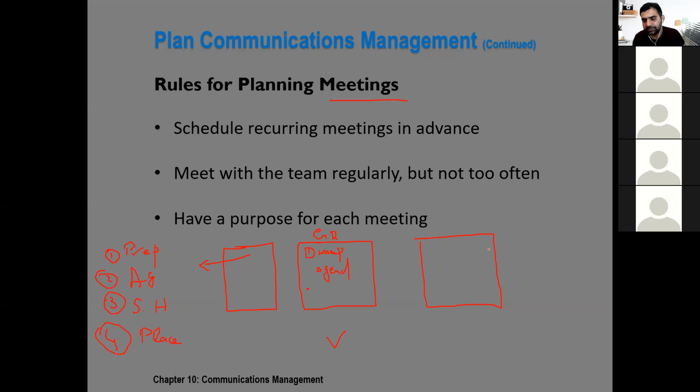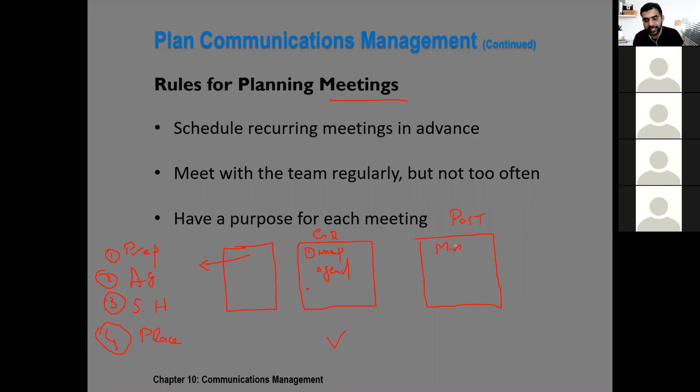And then there come post-meetings. What could be the best practices? Review the outcomes of the meeting. Yeah. Minutes of the meeting that you took should be distributed to the team members.